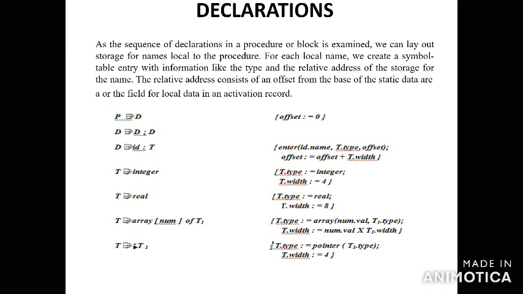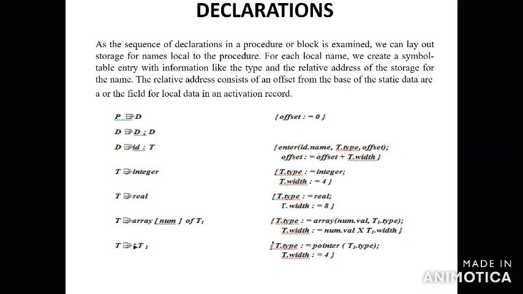First thing is declaration. So what is the declaration form? As a sequence of declarations in your procedure, you have to write the declaration statement. First we create a symbol table entry with the information. In the lexical analyzer, we create lexical tokens and everything is stored in the symbol table.